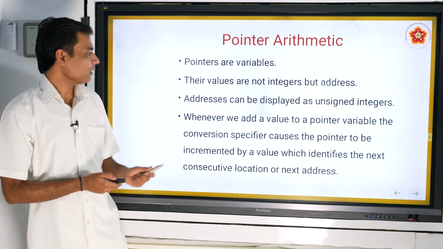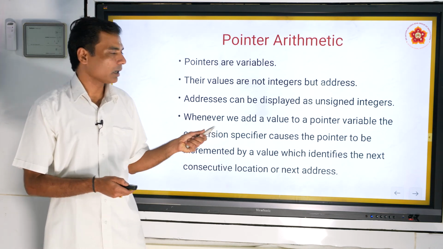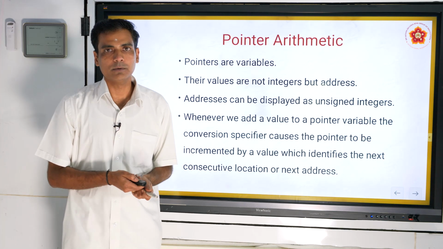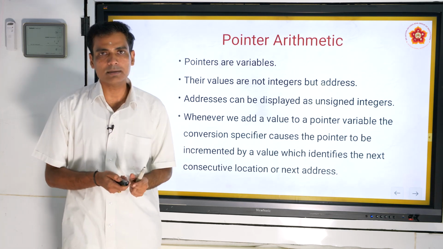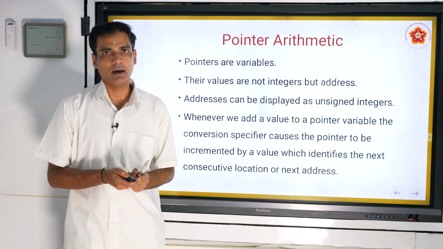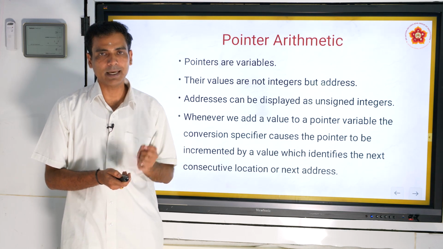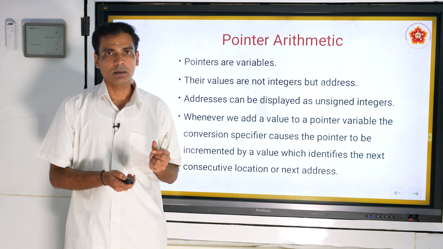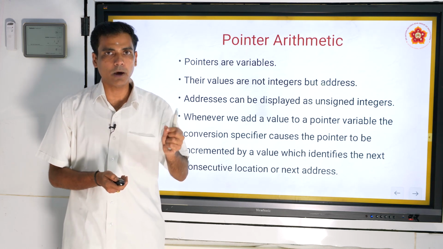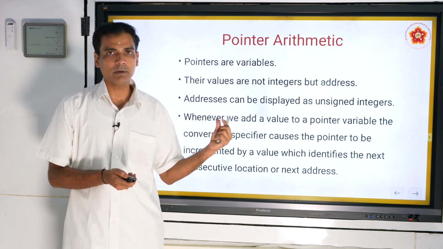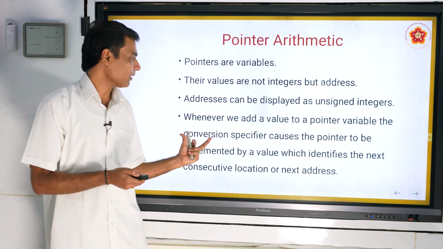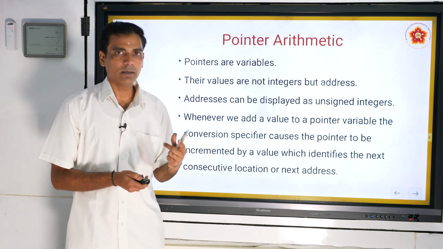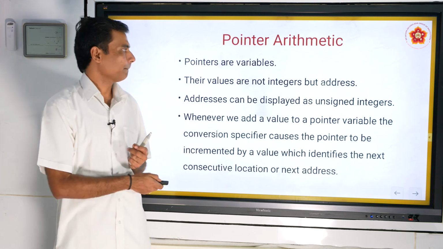So whenever you increment, add or decrement the value, the conversion specifier checks the size of the data. It calculates how many bytes the pointer has to jump forward or backward. It will be decided based on what value the conversion specifier gives to the compiler.